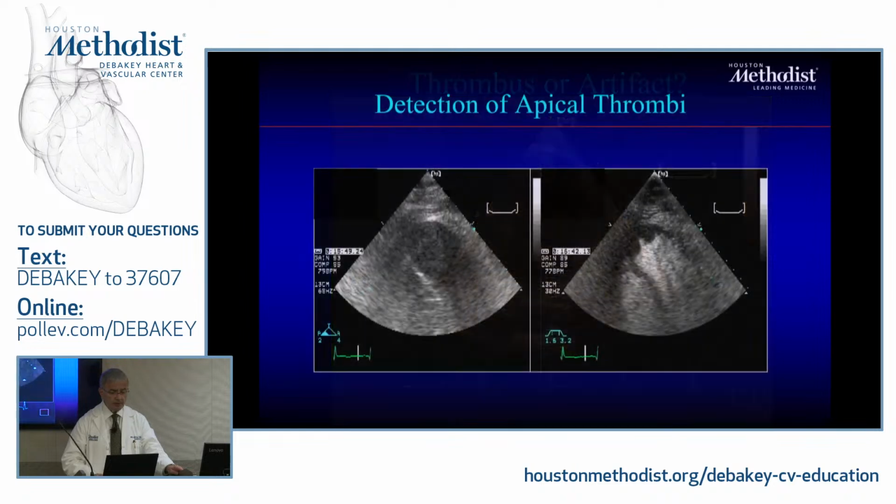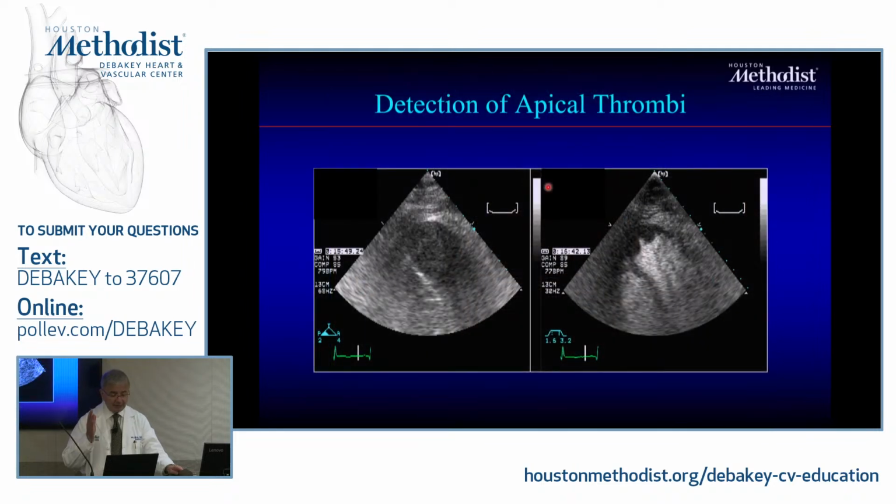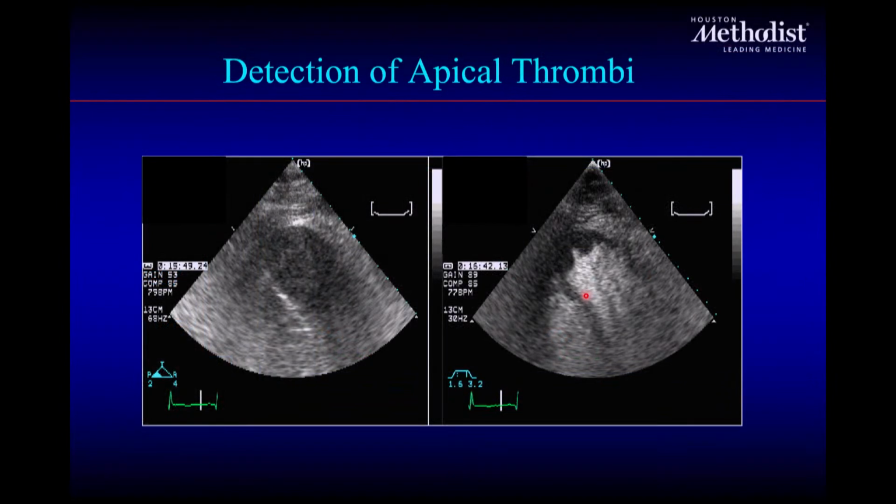Okay? So for us nowadays, I mean, 20 years ago you didn't have contrast, but nowadays you could use contrast to do that, right? Another thing, if you see something funny, you either change your transducer, change your frequency, change your angulation so that you try to get away from the areas that are reverberating back and forth between the transducer itself.